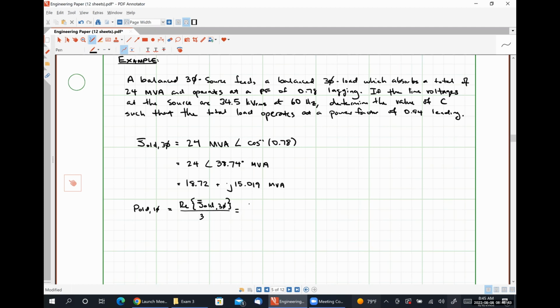So this is going to look like 18.72 megawatts divided by 3, which is 6.24 megawatts.